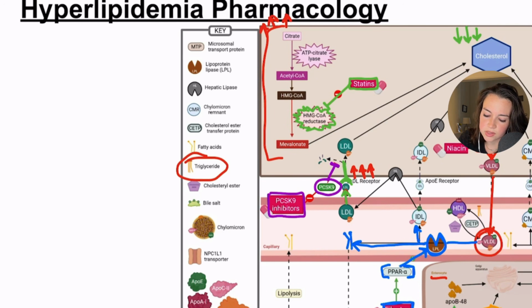PCSK9 inhibitors, therefore, are going to stop PCSK9 from breaking down that LDL receptor. So by inhibiting the inhibitor of the LDL receptor, we are promoting the expression of the LDL receptor, which is going to take LDL out of the blood. So it's sort of a tricky double negative mechanism. Just remember that the upshot of all of this is to promote the expression of the LDL receptor.